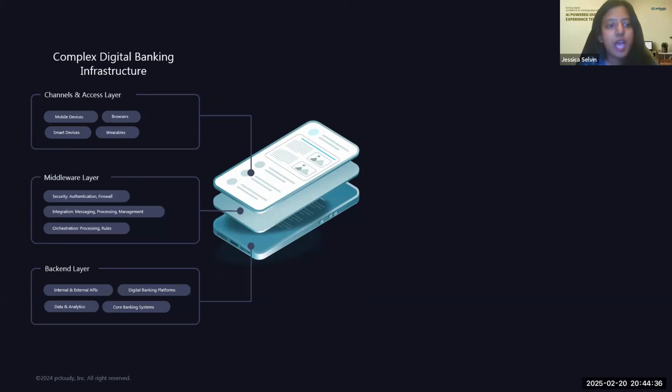Next, we have the middleware layer, which has critical functionalities like security, such as two-factor authentication, biometric authentication, firewall, and also integrations, like transaction processing, and so on. And also orchestration: what are the different processing and transaction rules for different critical banking transactions? And finally, the backend layer, which involves the APIs and digital banking platforms, the core banking system, and so on.